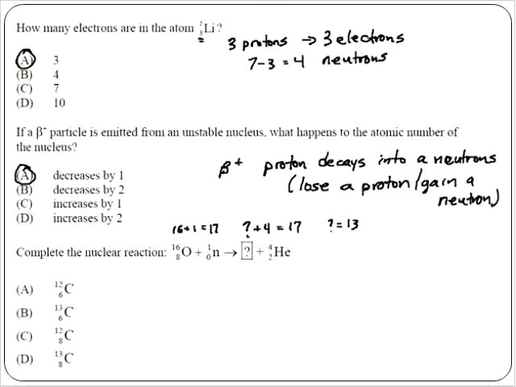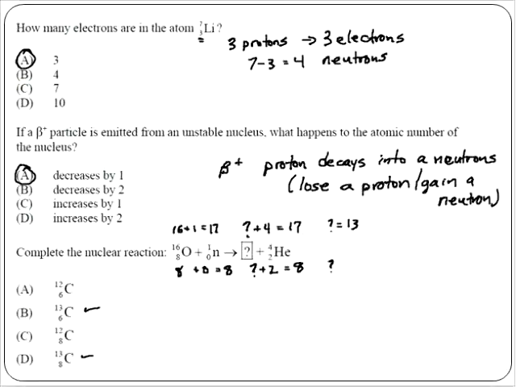So I know it's either this one or this one, because those are the ones that have the 13 on top. Now we've got to figure out which one is right. So I do the same thing on the bottom. 8 plus 0, I add the bottom numbers, which is 8. So question mark plus 2 also has to equal 8.